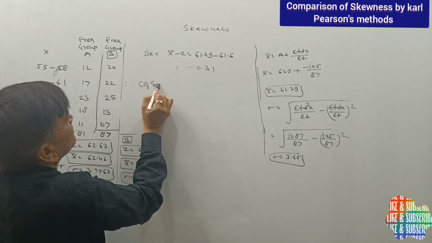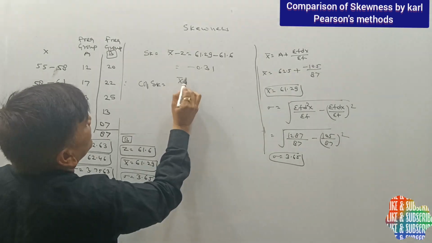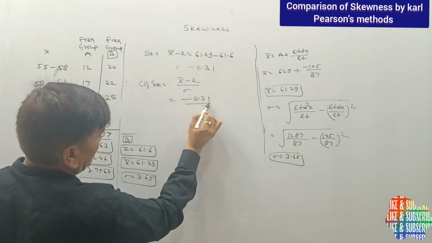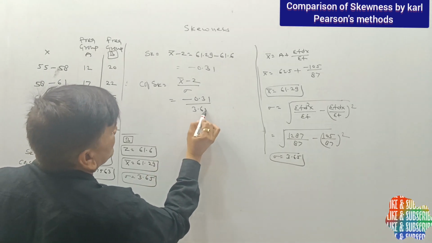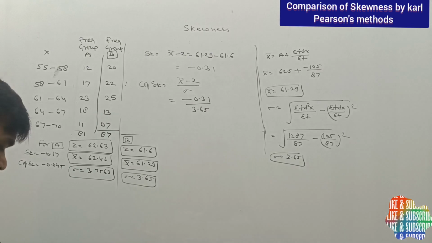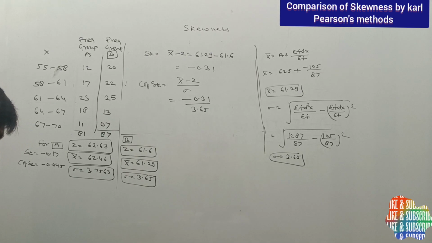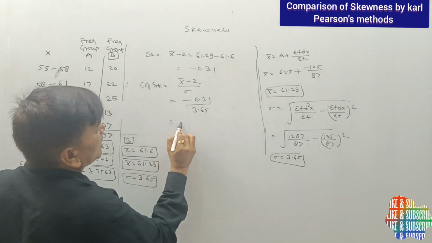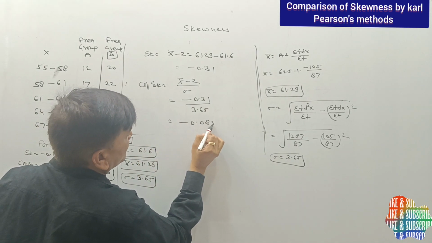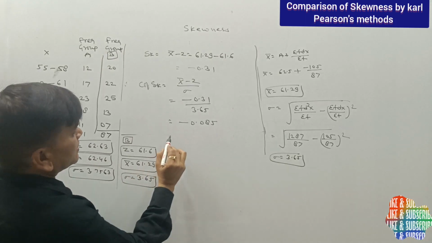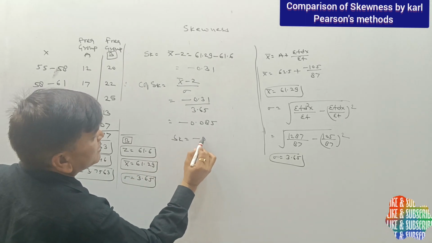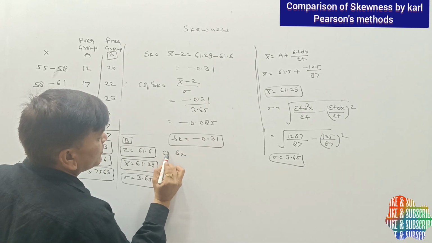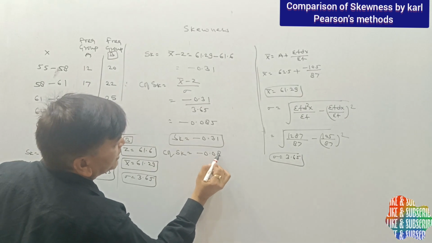Coefficient of skewness by Karl Pearson method is x bar minus z divided by standard deviation. So minus 0.31 divided by 3.65 is minus 0.085. So skewness is minus 0.31 and coefficient of skewness is minus 0.085.